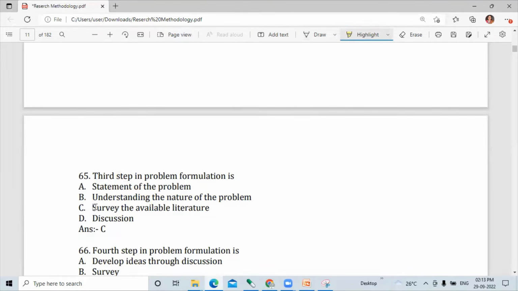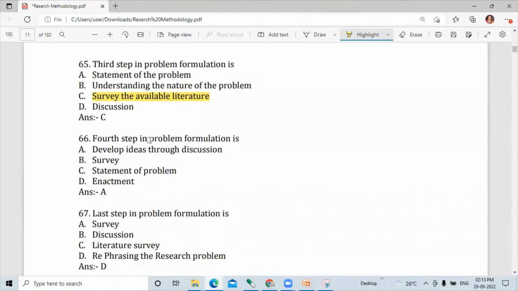What has been done before? The literature should be there. So we need to collect whatever the data. Then only we can go with the further research. That is the third step in problem formulation, survey the available literature.